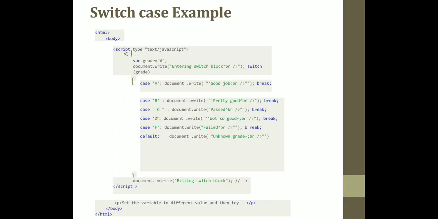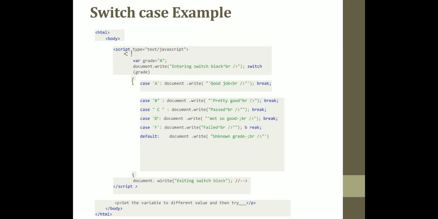Then as an example, the HTML body and script are already added. Then the case A, as this is the switch block example, we have defined in the script grade equals a, which is a variable, and document.write is used on entering the switch block, just for user understanding.